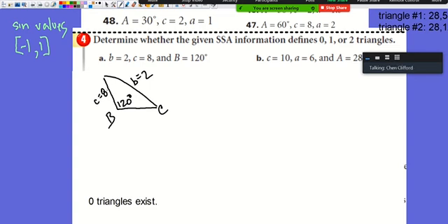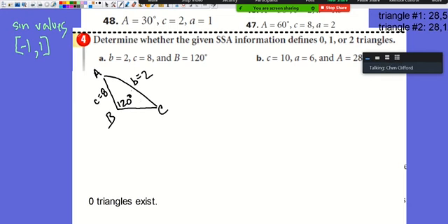Okay, now right off the bat, you can just eyeball this. Does this even make sense? The answer is no. It doesn't make sense because B is the largest angle. There cannot be a larger angle than 120 in this particular triangle because the angles have to add up to 180.